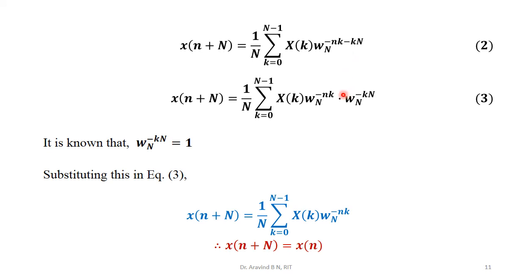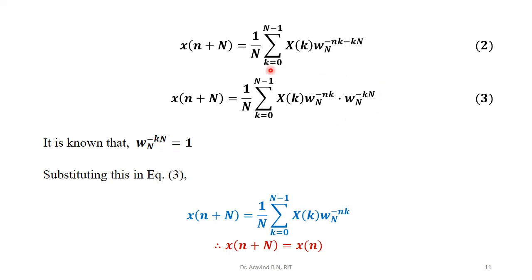Now we have to observe again that this term will be equal to 1. Anything in the twiddle factor, if there is a term capital N in the power, then by default it becomes equal to 1. We will go through the details in the next slide. So it is known that omega N power minus kN is equal to 1.